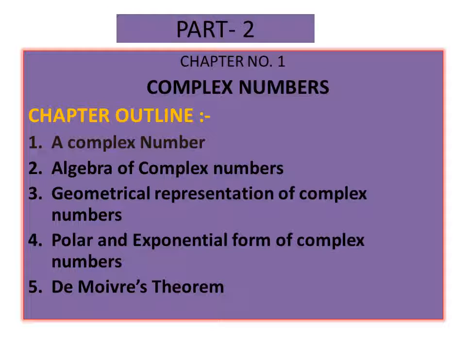In this chapter, we have to study these subunits: first, what are complex numbers, what is the algebra of complex numbers, what is the geometrical representation of complex numbers. Next is the polar and exponential form of complex numbers, and one of the most famous theorems, De Moivre's theorem. This is the outline of the chapter on complex numbers.